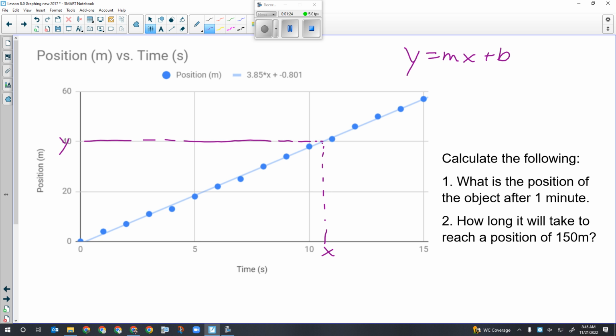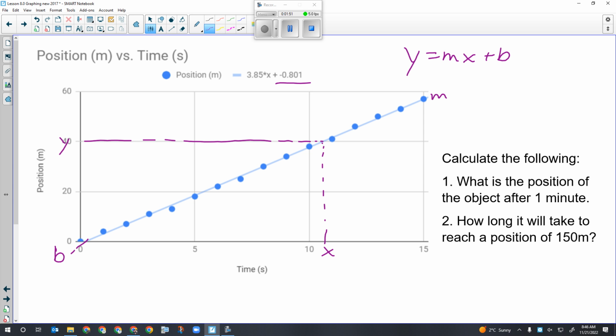M is the slope of the line, so how steep it is. That's a function of how much y changes over x. And lastly, b is the y-intercept, and on this graph the y-intercept is actually a negative number, which means it's down below the origin. Is that ringing a bell from Friday?